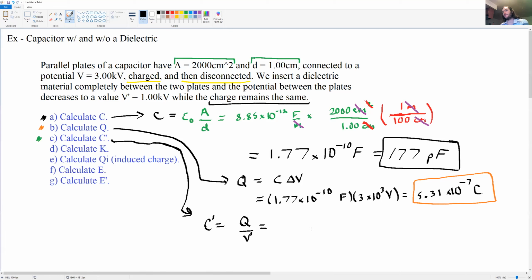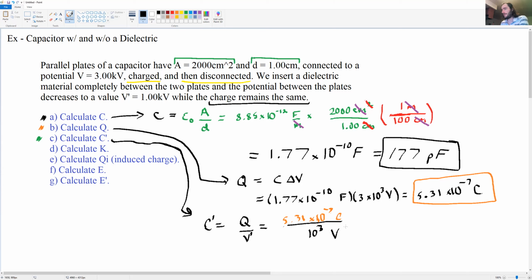So it's exactly the same value that we calculated in the previous part. And so I'll go ahead and write it in orange here. So 5.31 times 10 to the minus 7 coulombs. And then we divide that by our new voltage, which was given to us, which is basically 10 to the third volts.